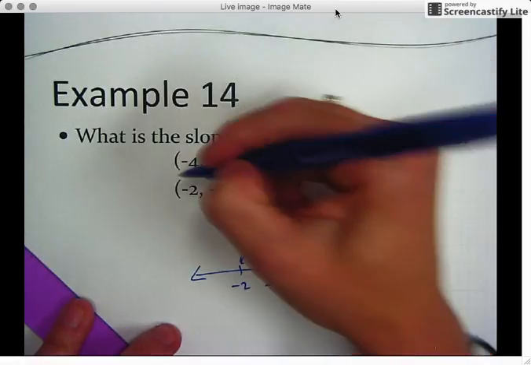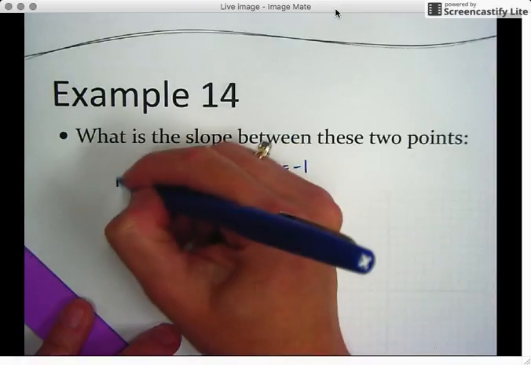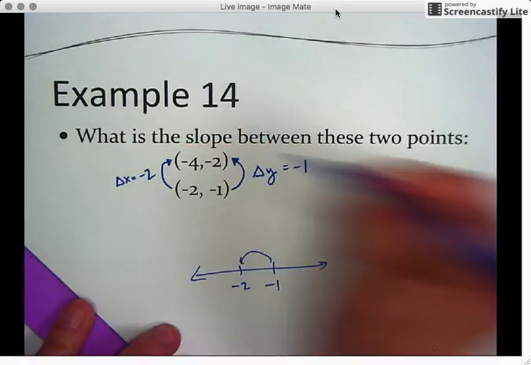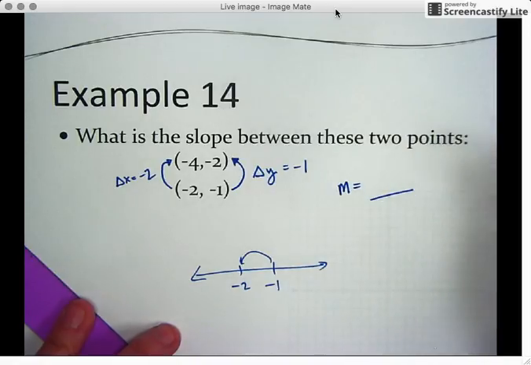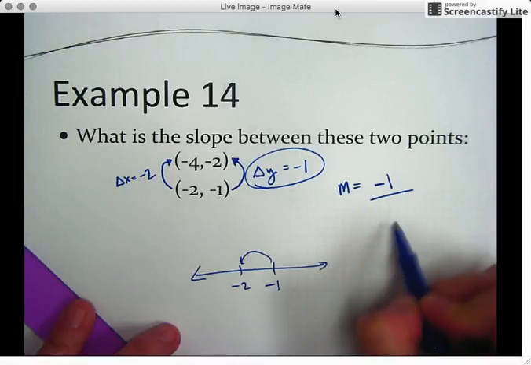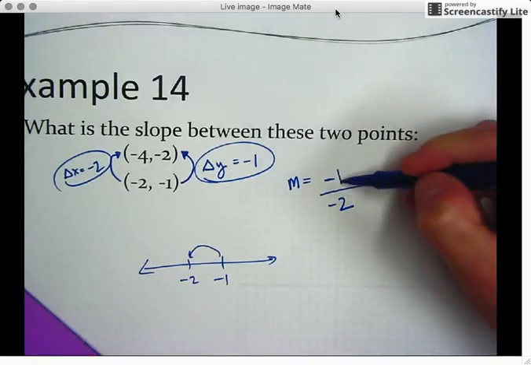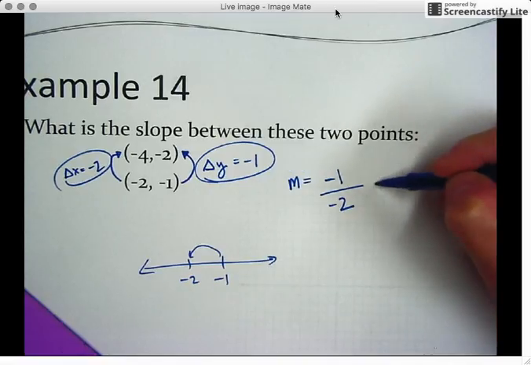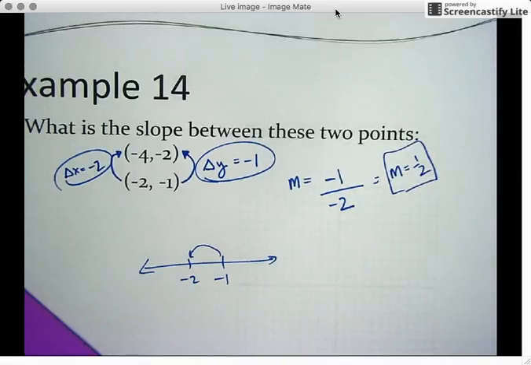Likewise, when I go from -2 to -4, the change of x is -2. So for my slope, I just have to put one of those numbers on top of the other: the change of y over the change of x. But a negative divided by a negative equals positive. So I end up with m equals 1/2. The slope between these points is 1/2.